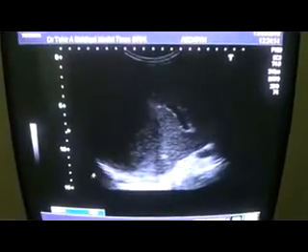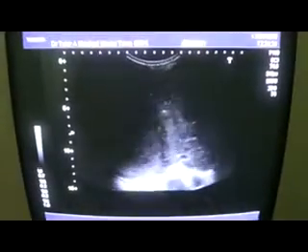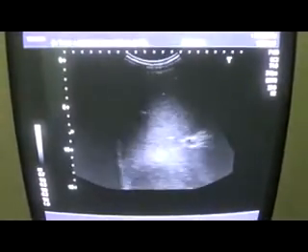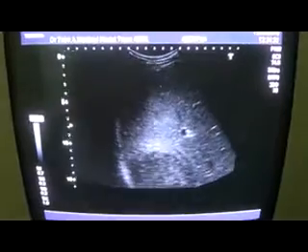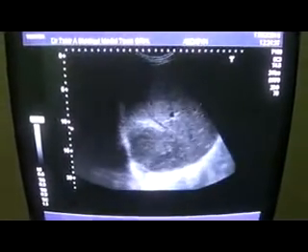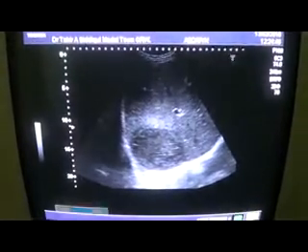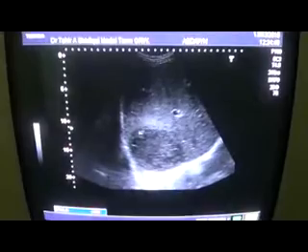This is a small amount of fluid above the diaphragm, which will not be seen by X-ray studies. Now here we see a subcostal view I'm giving you. Now this area is an abscess.